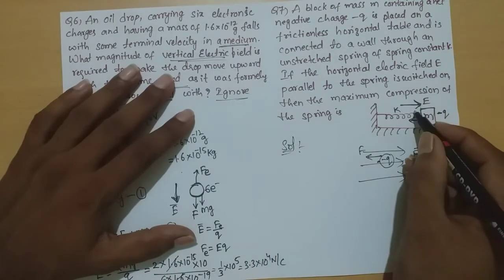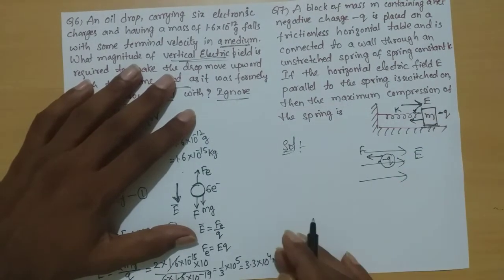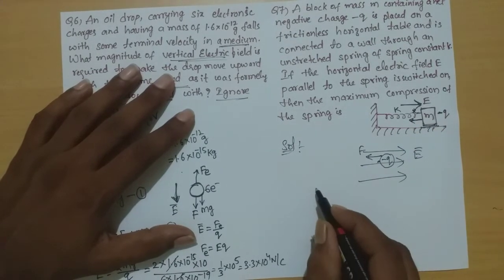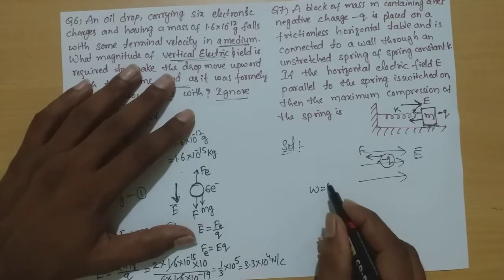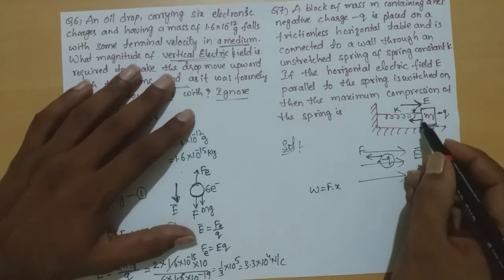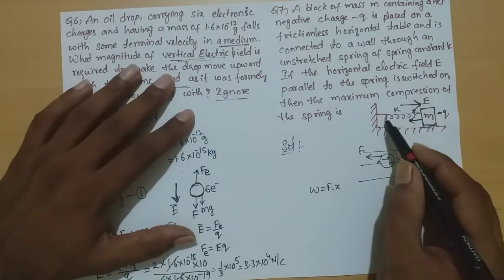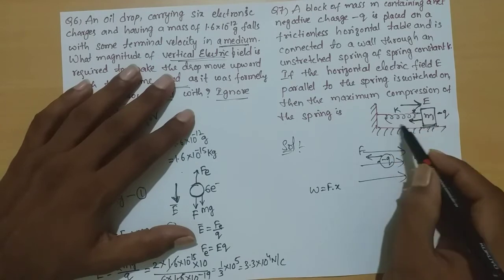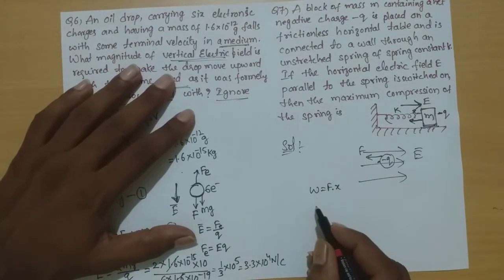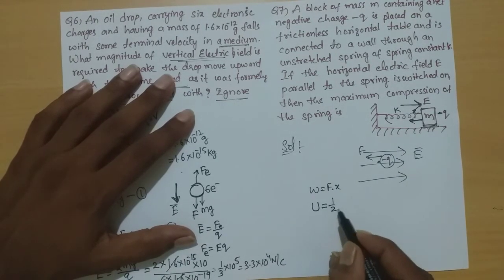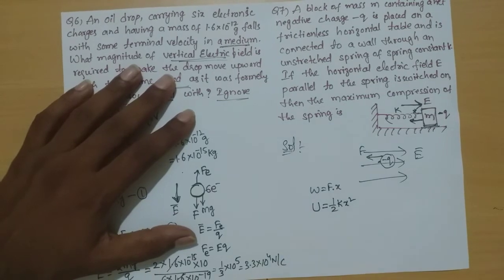Suppose it is displaced by x. Then the work done equals F into x. Due to this x displacement, energy is developed in the spring, which is the elastic potential energy, equal to half k x square.